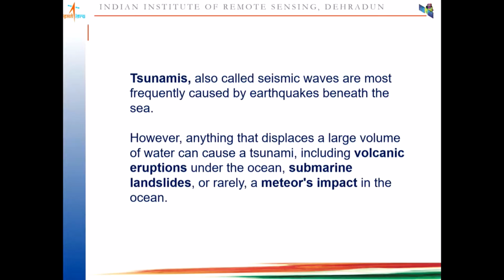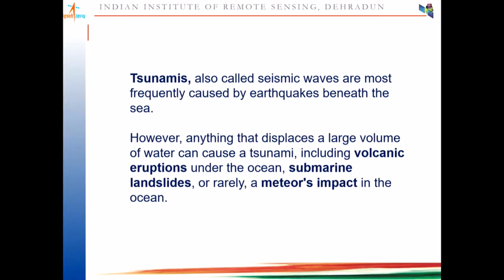So if there is an earthquake beneath the sea, it will give a jerk to the water surface, and at a particular point water surface will get elevated, and it will create a seismic wave, and that wave will further pass through the entire ocean, it will act like a shallow water wave, and when it will enter into the coastal area, its wave height will be enormous.